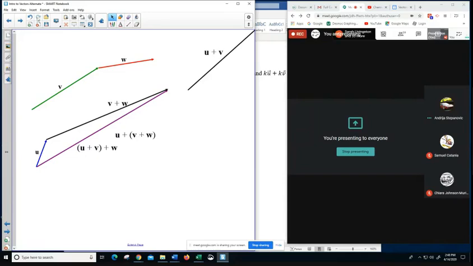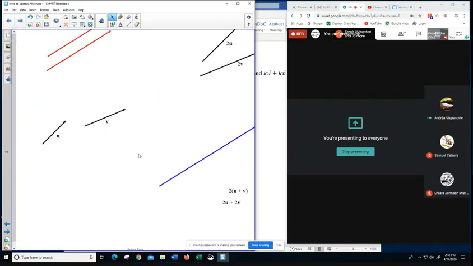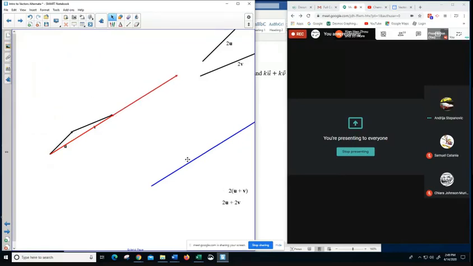All right. So when we go to the last one here, the distributive property, well, again, if I take u plus v, and there's my sum, u plus v, and then if I say take 2 times u plus v, there you go. I get this vector here. Now, let's see if the other side of our distribution works out.